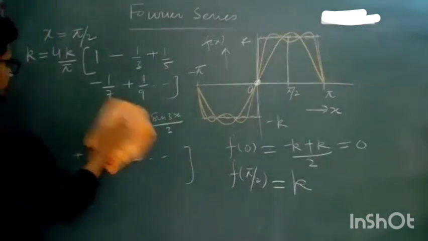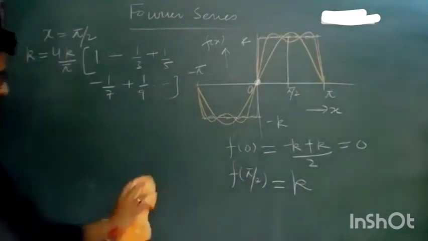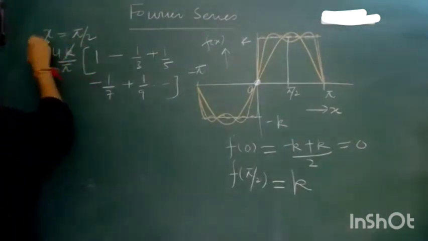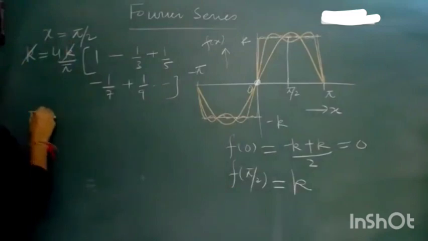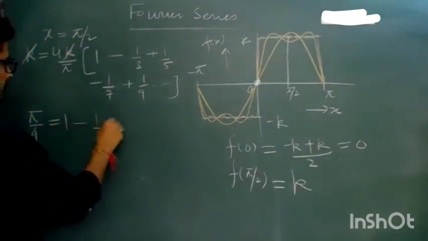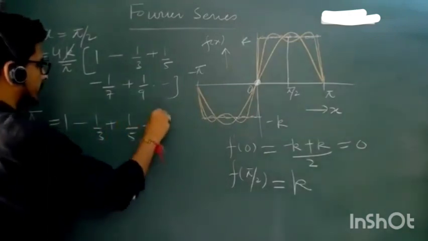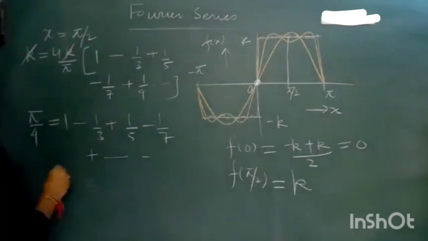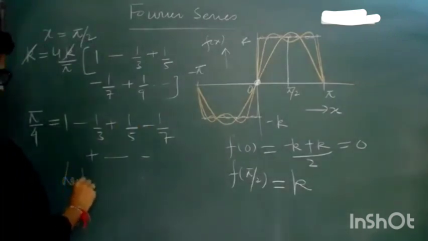And this will become a very important series. K and K will cancel, and pi by 4 will become 1 minus 1 by 3 plus 1 by 5 minus 1 by 7 plus and so on, known as the Leibniz series.